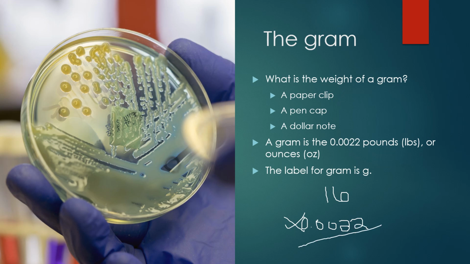Using a calculator, we find that 16 times 0.0022, the number of ounces, is 0.0352, which isn't a lot. The label for gram is the lowercase letter g.